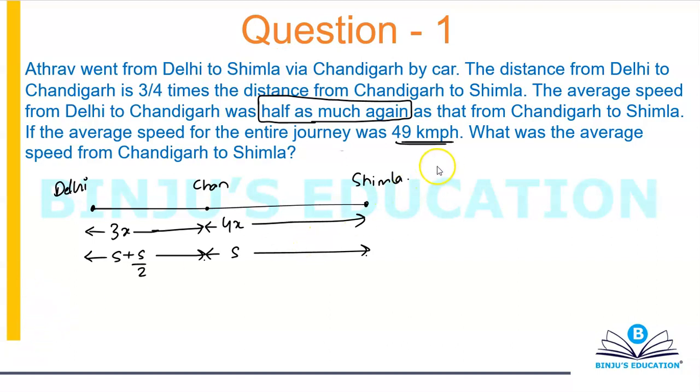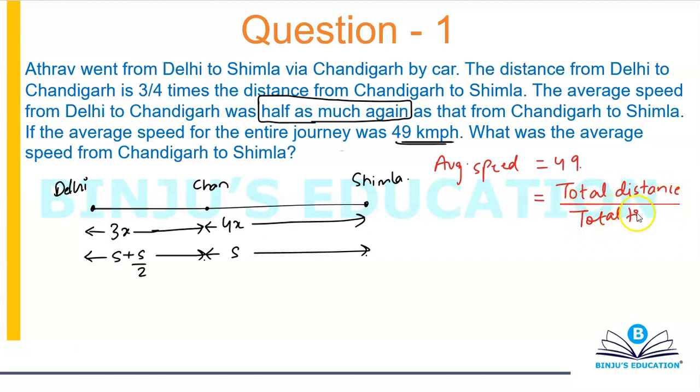Now we have the average speed, which is 49, and I also know that average speed can be calculated as total distance divided by total time taken. Now total distance is 7x.